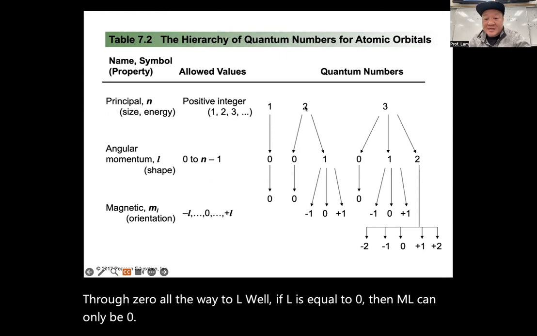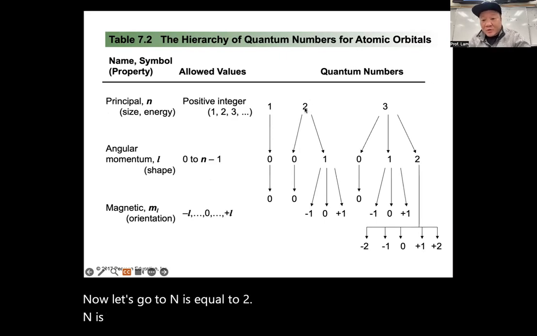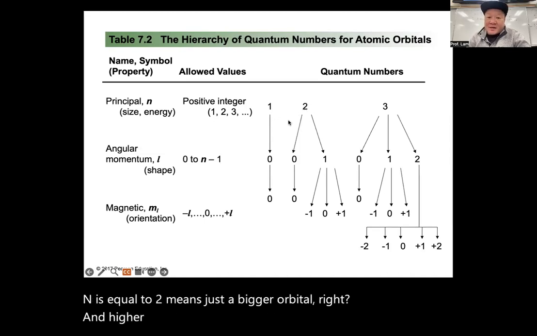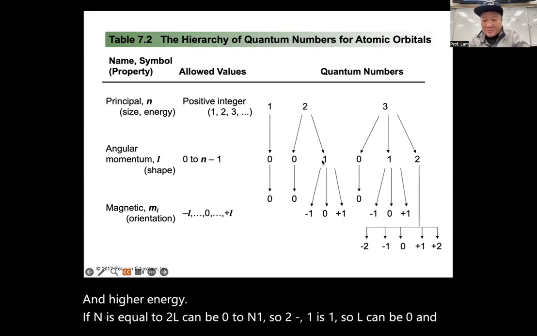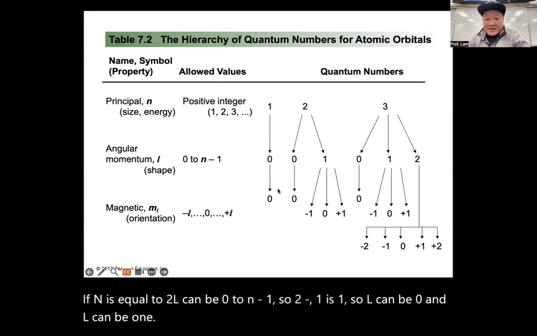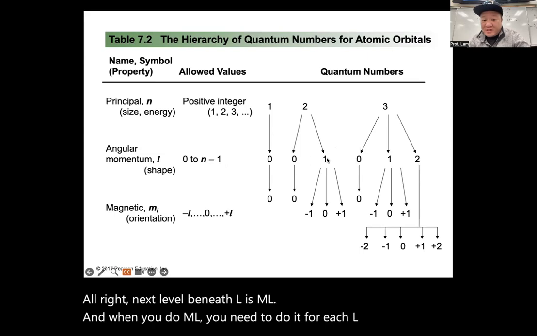Now let's go to n is equal to 2. n equal to 2 means just a bigger orbital, right? And higher energy. If n is equal to 2, L can be 0 to n minus 1. So 2 minus 1 is 1. So L can be 0 and L can be 1. All right, next level. Beneath L is m sub L. And when you do m sub L, you need to do it for each L. So there are two L values here, 0 and 1.